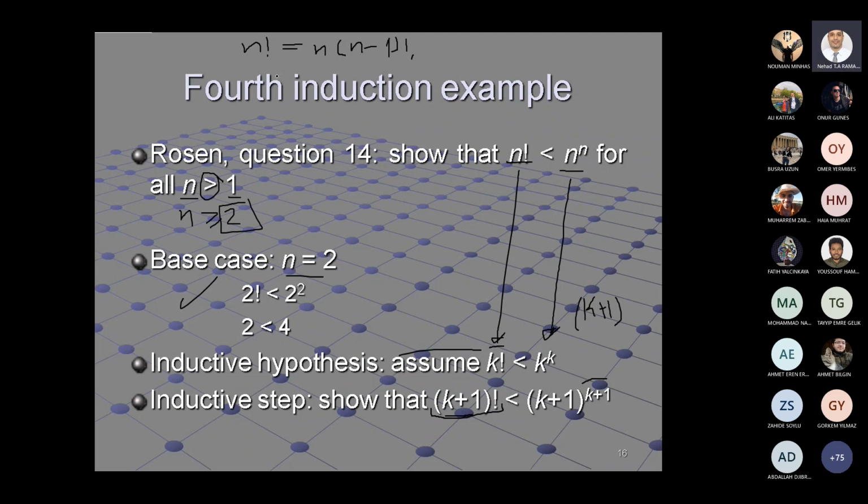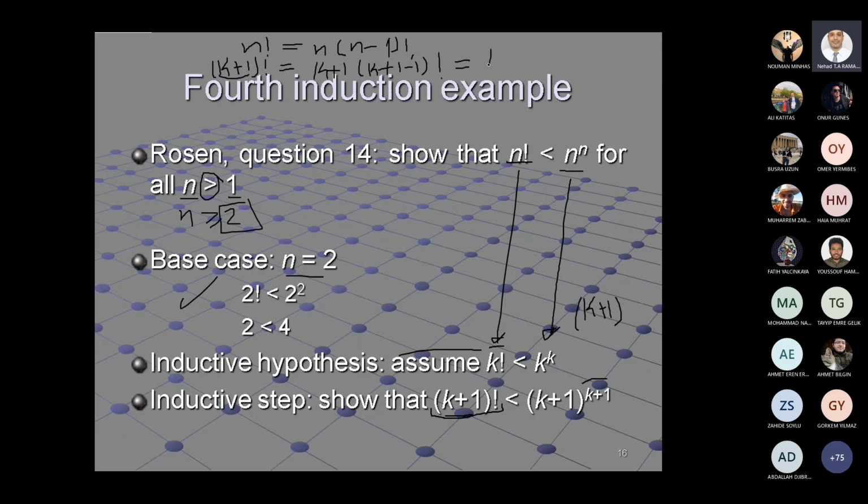So k plus 1 factorial is equal to, we take k plus 1 outside, k plus 1 multiplied by, instead of n, k plus 1, k plus 1 minus 1 all factorial.